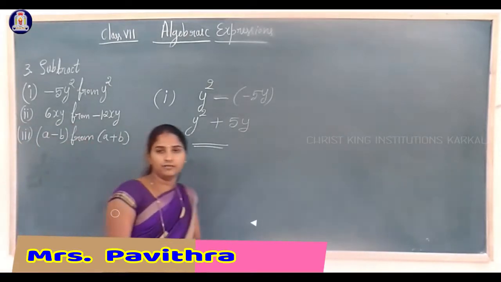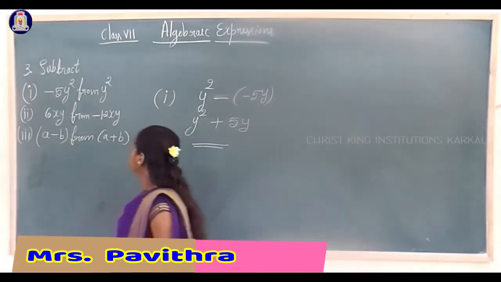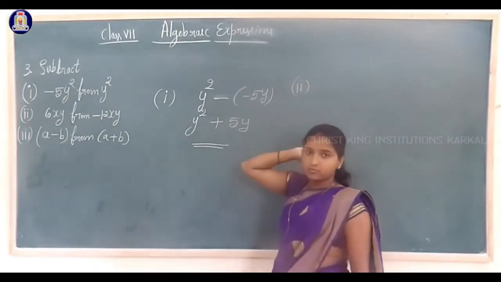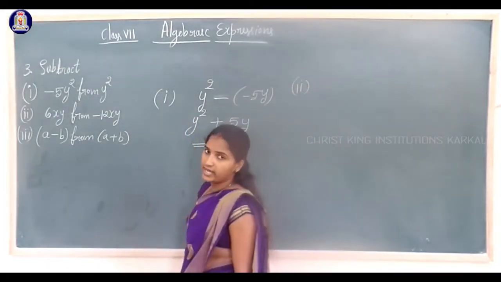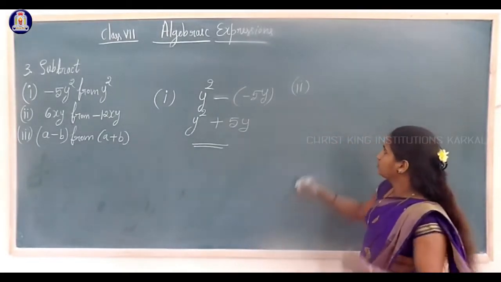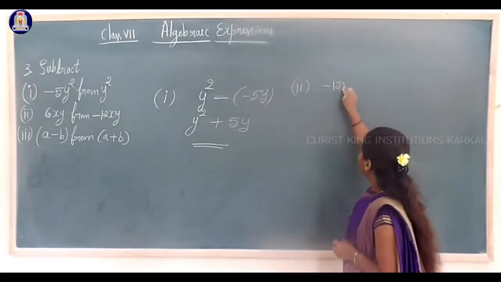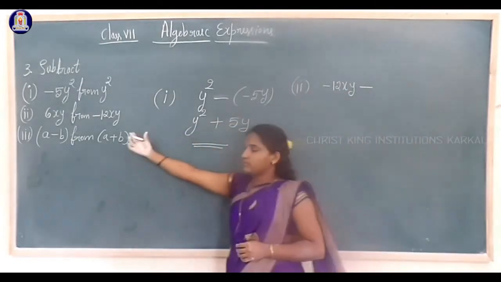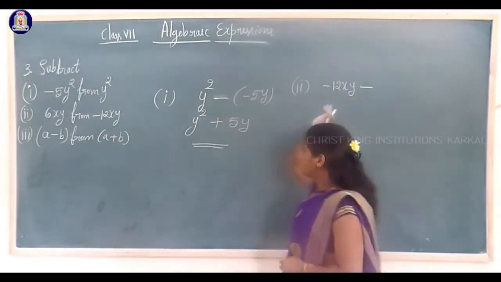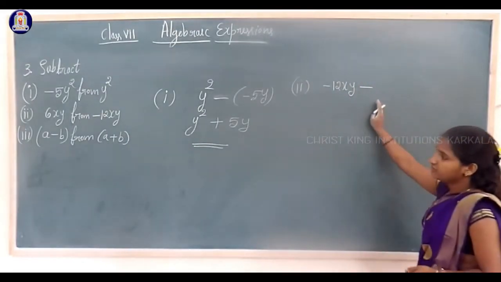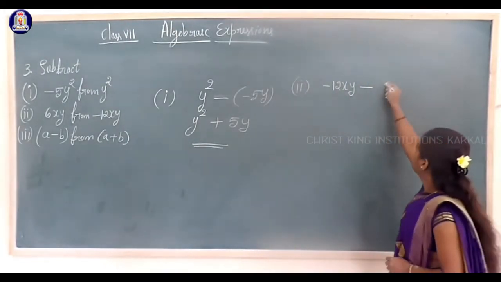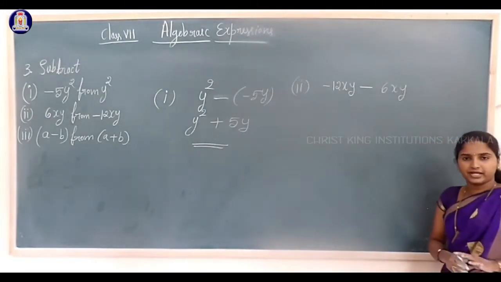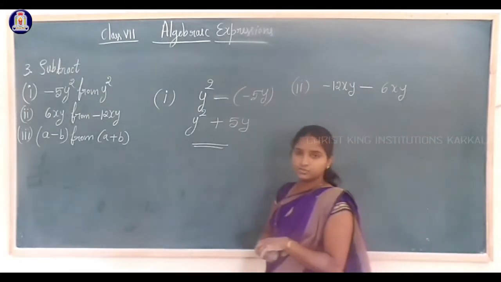Subtract 6xy from minus 12xy. So first you write minus 12xy, minus, this is the subtraction sign. The second term must be written first. From this we are subtracting the first expression, that is 6xy. There is no need to write it inside a bracket because it has a positive sign, plus sign.